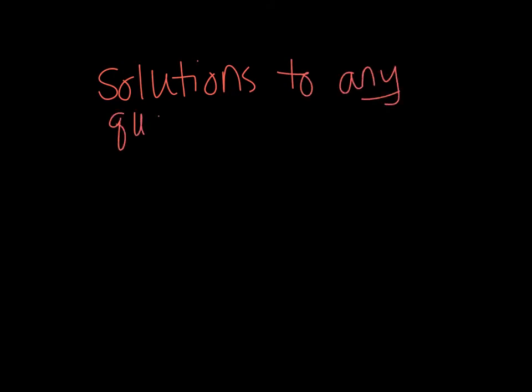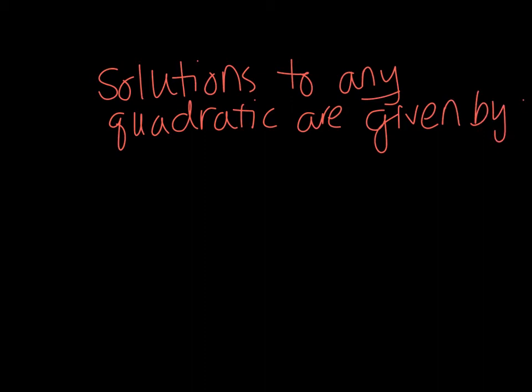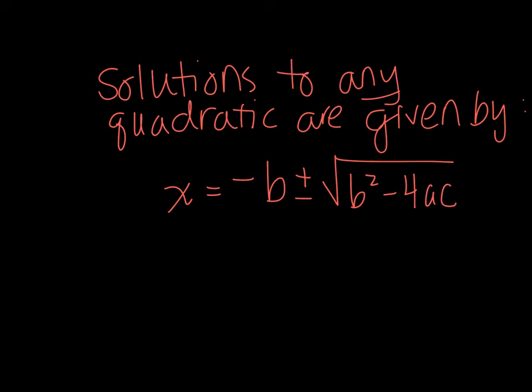So the solutions to any quadratic are given by the quadratic formula, which I'll give you a really fun song to help remember it, but it is that the solutions are x equals the opposite of b, negative b, plus or minus the square root of b squared minus 4 times a times c, all divided by 2a.